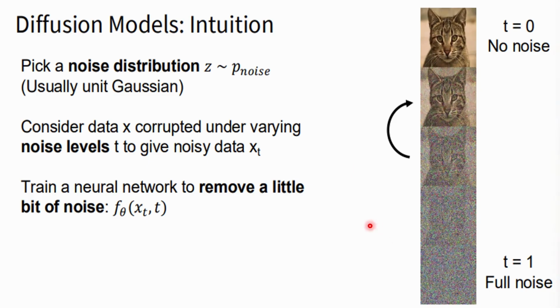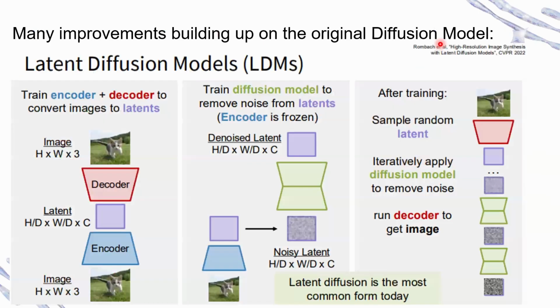But for latent diffusion, it doesn't add the noise to the pixels itself, but it will first try to encode the image into a latent distribution, and then we will add the noise to that latent representation.